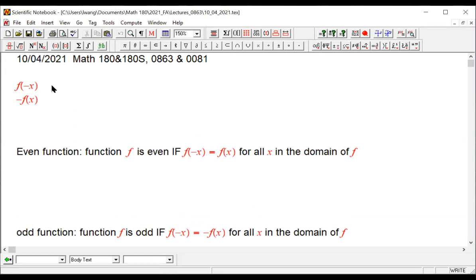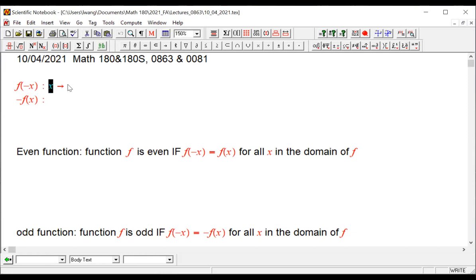Here's the difference. As a function, it takes an input. Input is x, chosen from the domain of f.